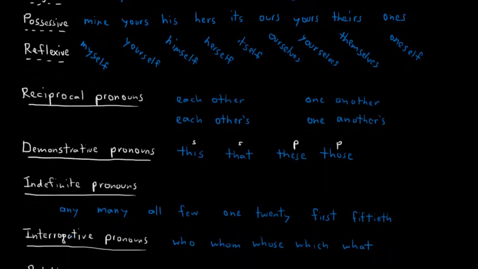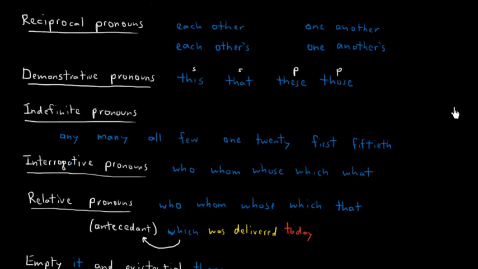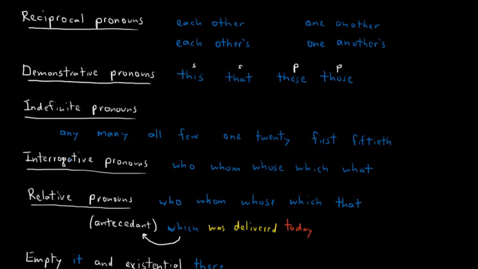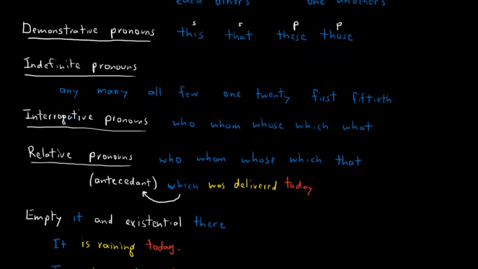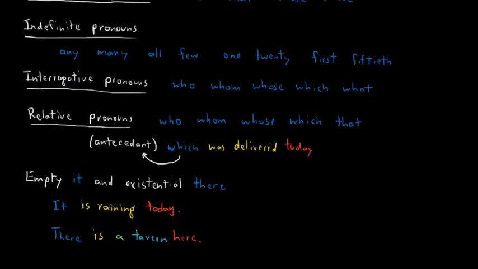Okay, the reciprocal pronouns, each other, one another. The demonstrative pronouns, this, that, these, those. Okay, the indefinite pronouns, of which there are quite a few examples. And these are basically determiners that can be used as pronouns. Okay. The interrogative pronouns, which actually have an antecedent, but we don't know what it is yet. That's what we're trying to find out in the question.